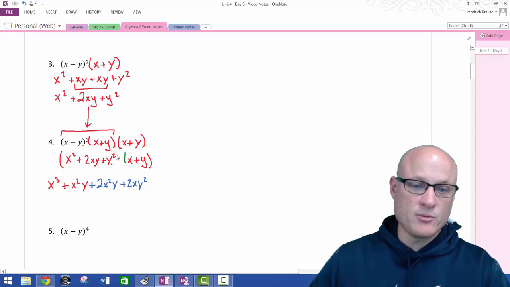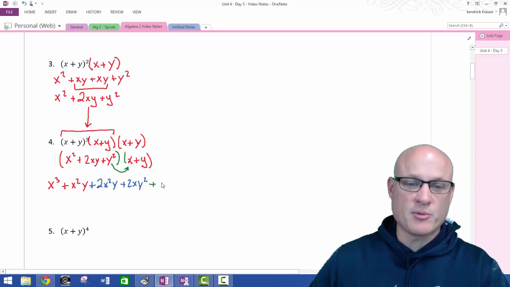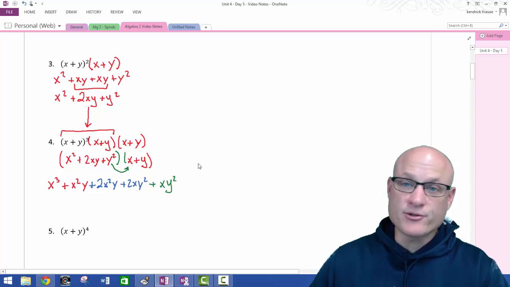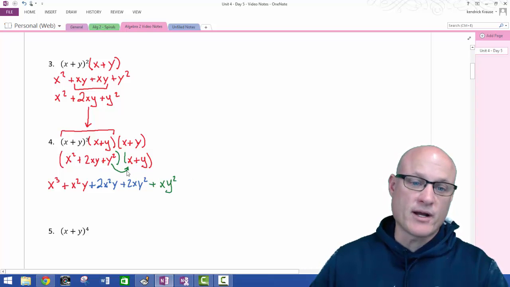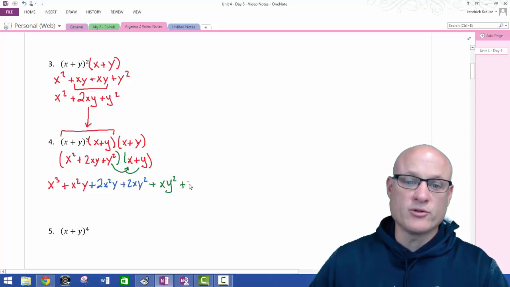And then we're going to multiply y squared times x. I always put my variables in order, so x times y squared. Remember, multiplication is commutative. It doesn't matter what order you multiply in, it will always be the same product. And then y squared times y is y cubed.